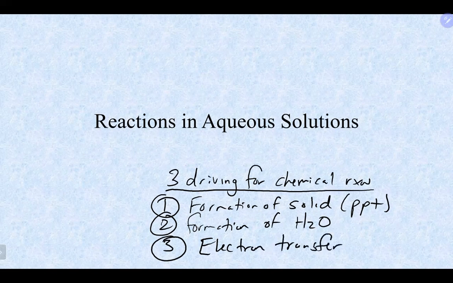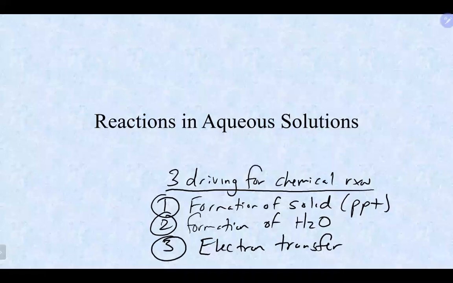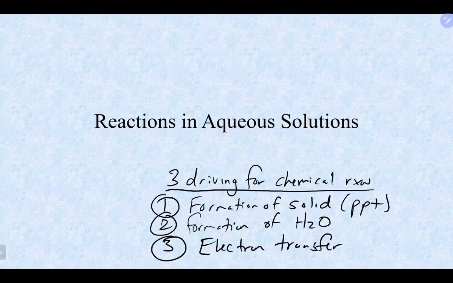So pretty much all reactions that you come across that are chemical reactions, one of these 3 things is happening. And that's really why the reaction is taking place. Either you make a solid, you make water, or you have some type of electrons being transferred as the result of the process.